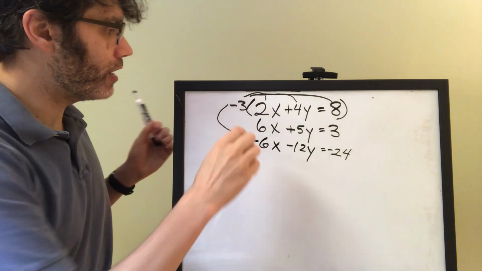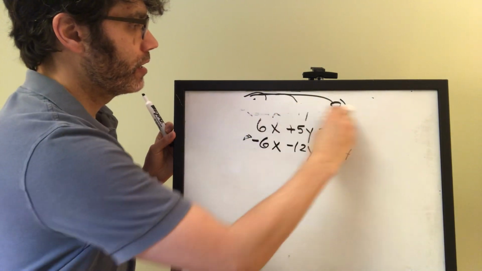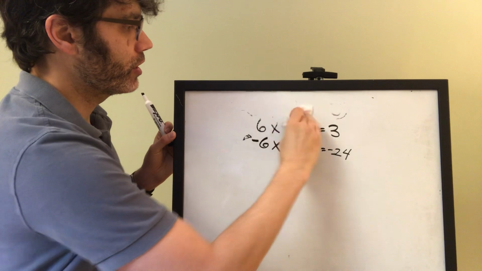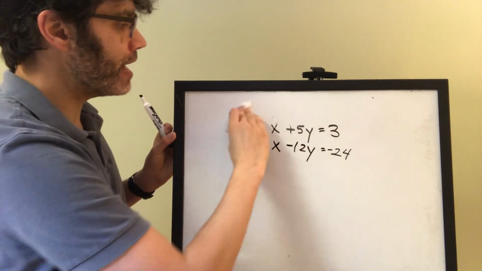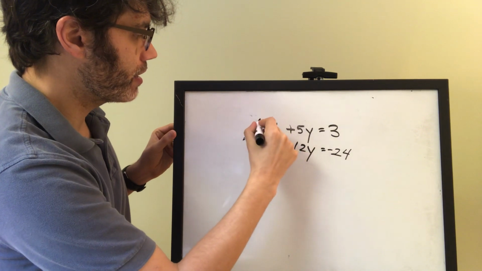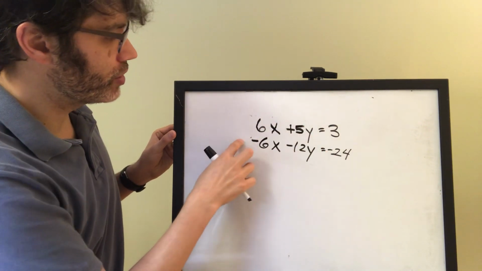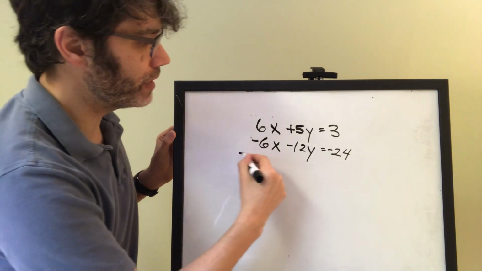So now we have these two equations, which we can add together. So positive 6 and negative 6 turns out to be 0.